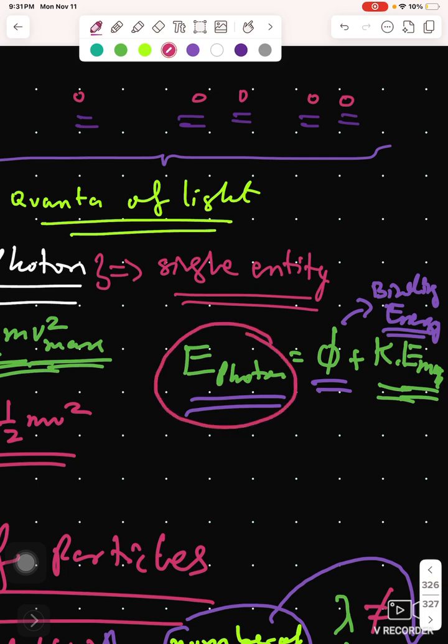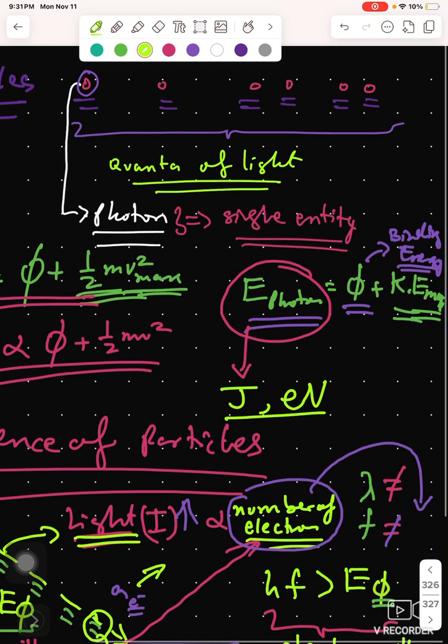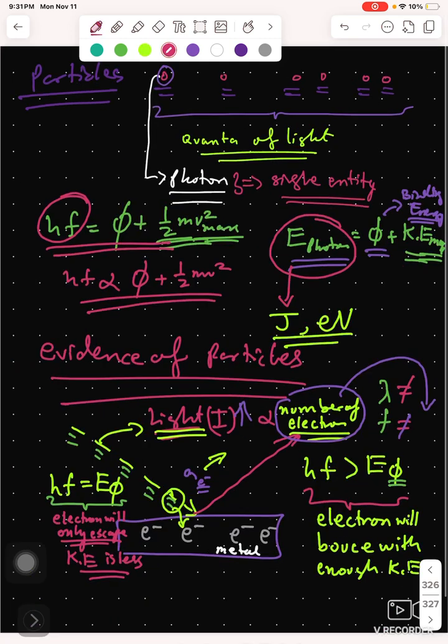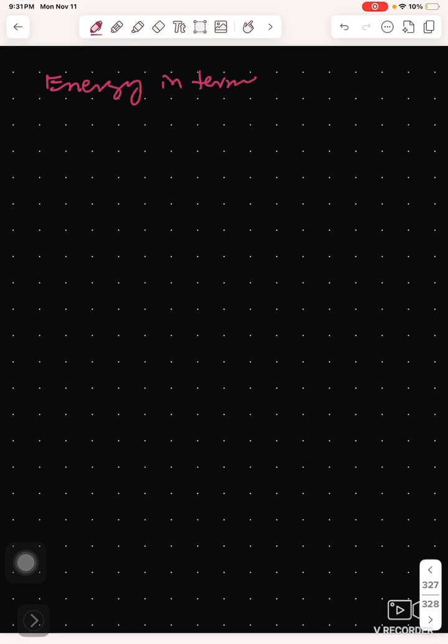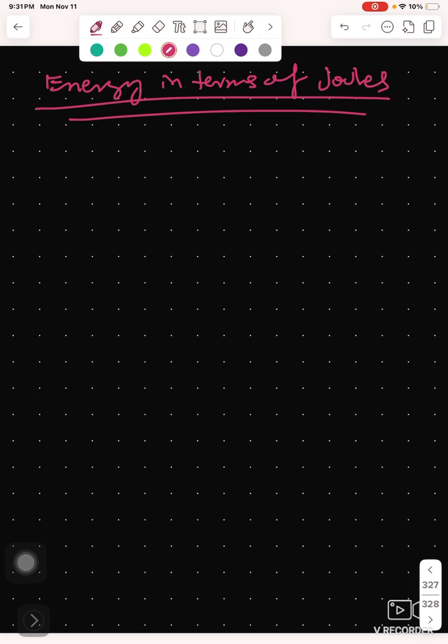And this energy could be written in terms of joules and electron volts. Let's suppose we have an energy in joules.